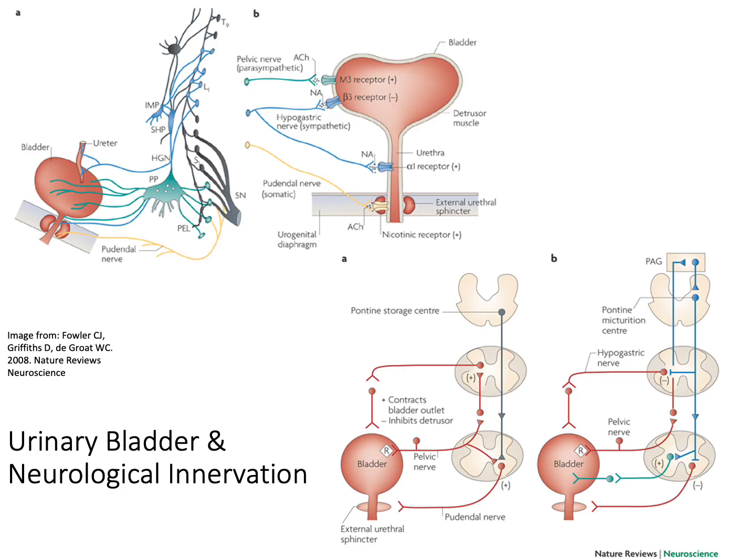We get a combination of sympathetic and parasympathetic stimuli that will innervate the detrusor muscles as well as the urethral sphincters. And then we have the somatic nerve from the pudendal nerve that's going to innervate the actual external urethral sphincter itself.